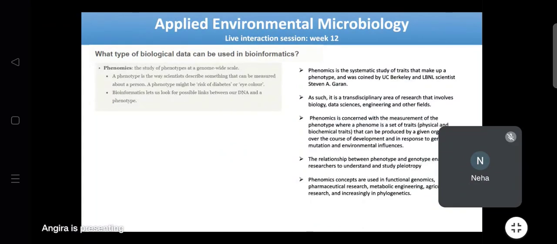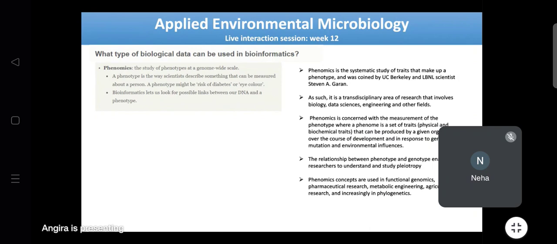Now the next type of biological data that can be used for bioinformatics studies is phenomics. Now phenomics is basically the study of the phenotypes which appear at a genome-wide scale. So what is a phenotype?